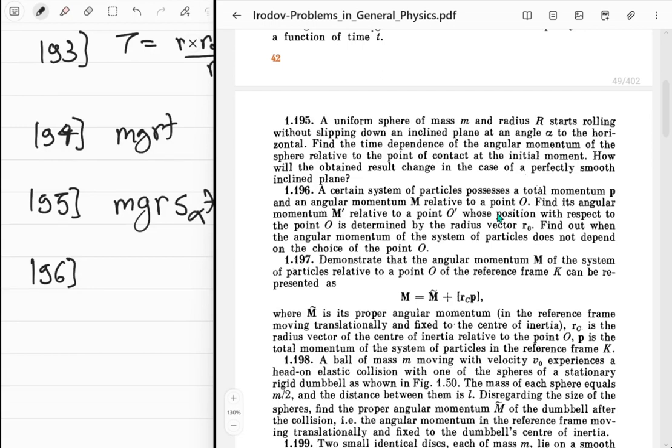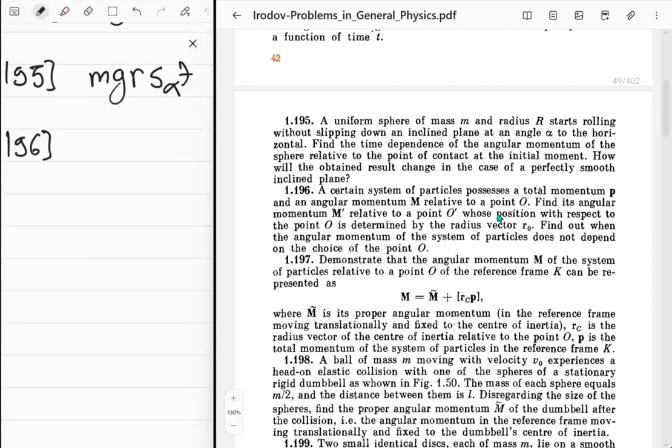So find out when the angular momentum of the system does not depend on the choice of the point O. This is kind of weird, right? It does depend most of the time. So what are these people talking about? I don't know. Just deal with it.